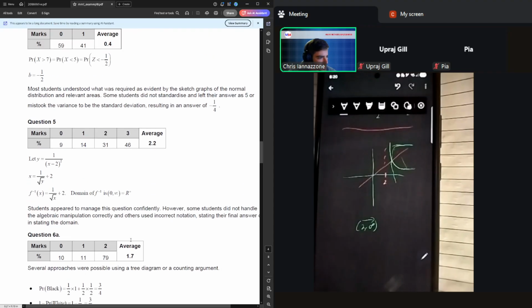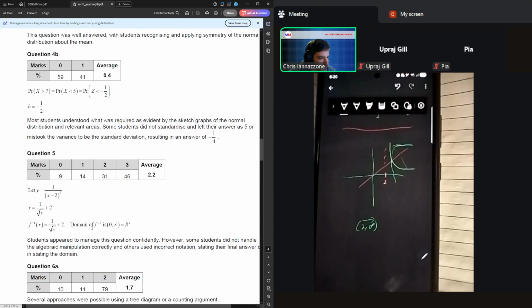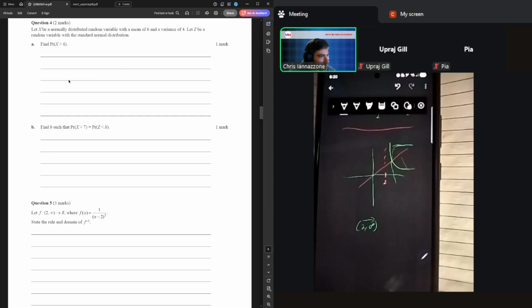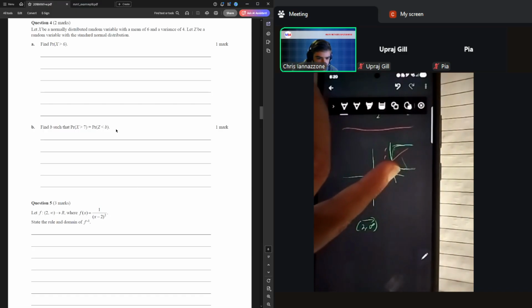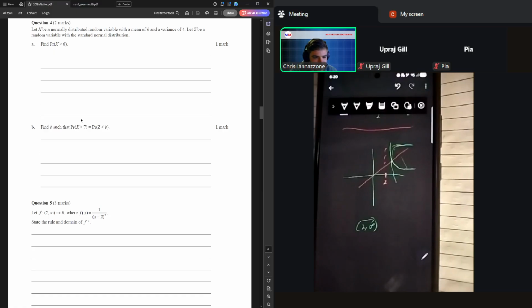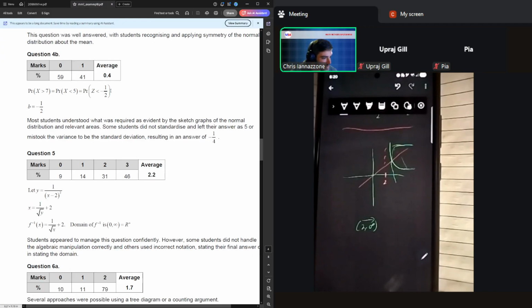Cool. Let's have a look at that. Domain of inverse would just be range of the original. So we can quite clearly see range of original, 0 to infinity. I guess I did kind of draw mine just floating up quite high up the x-axis, but yeah.